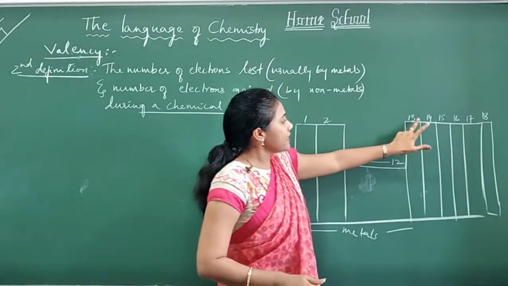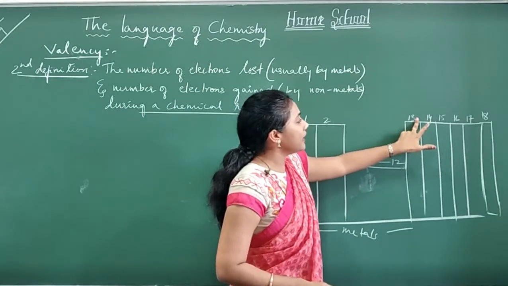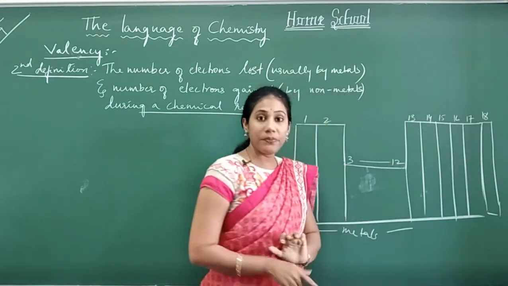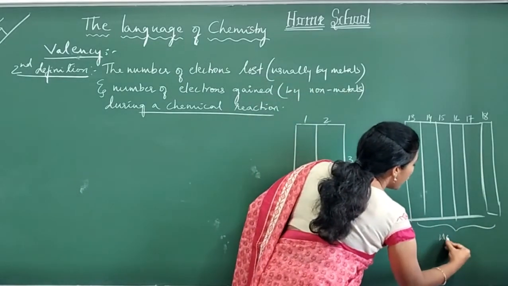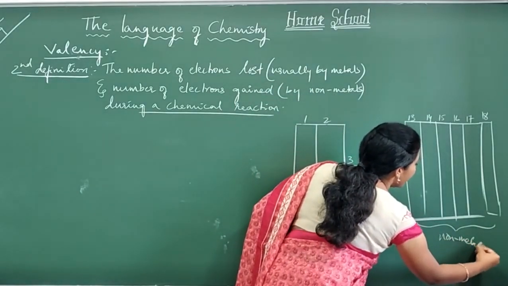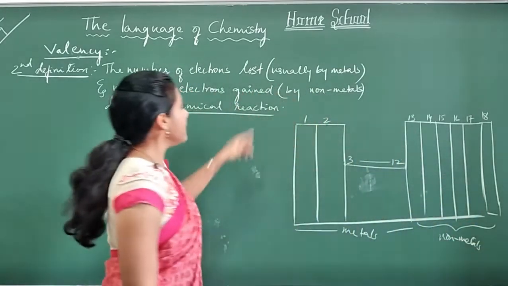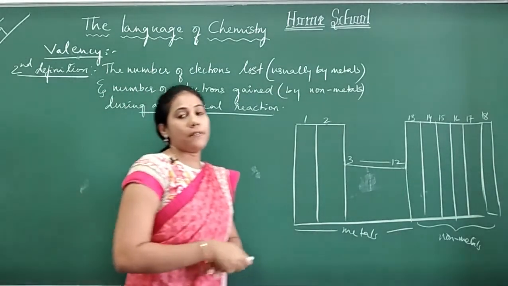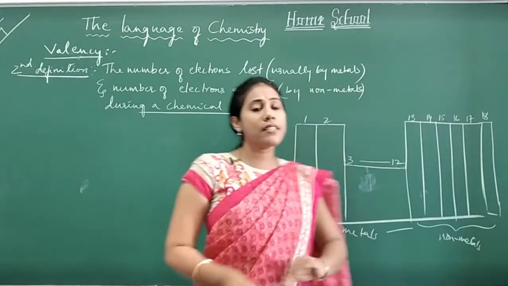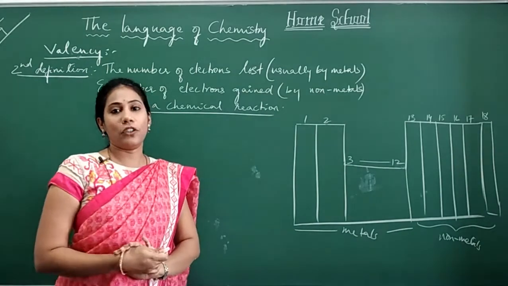And the elements that come in groups 13 to 18 are called non-metals. And what do non-metals do during a chemical reaction? They will always take electrons. From whom? From metals they will take electrons.